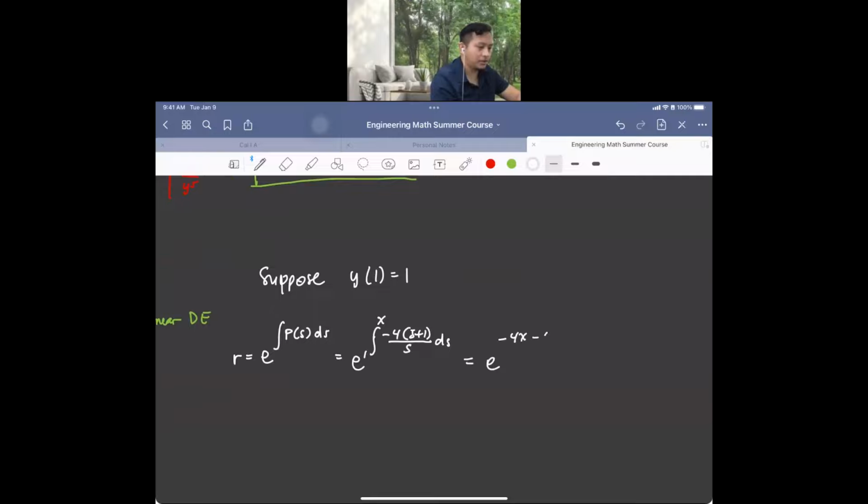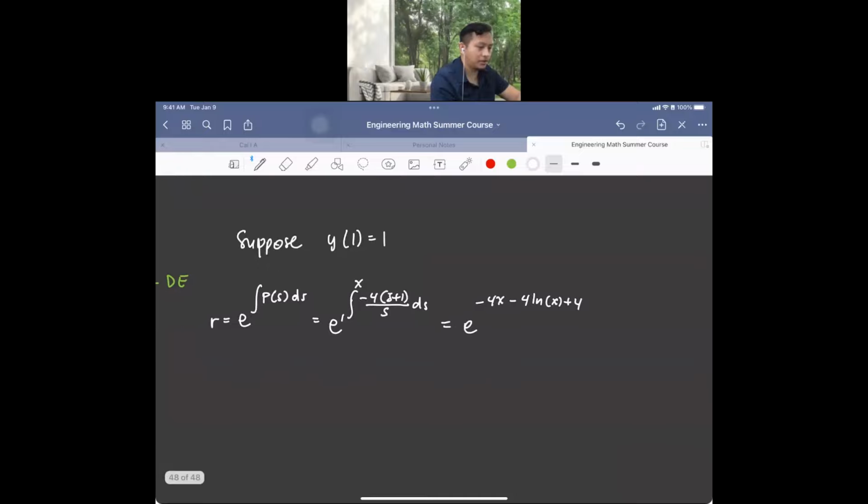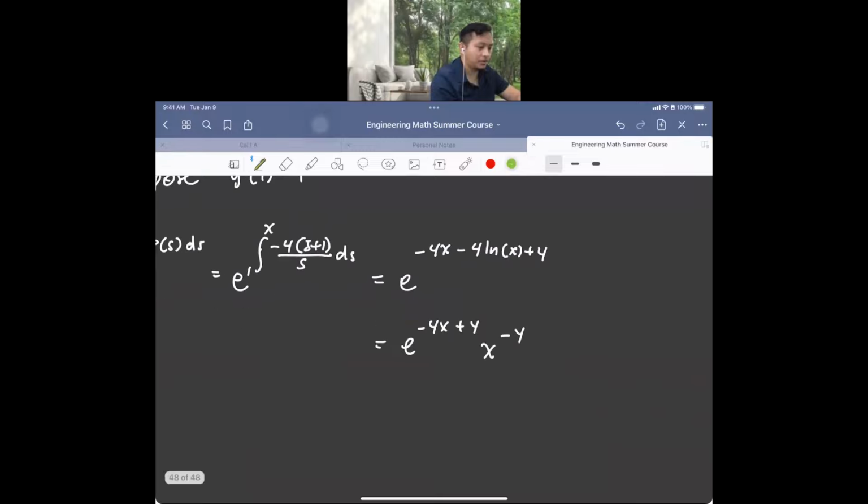So e to the negative 4 ln x plus 4, which is e to the negative 4 ln x plus 4, and x to the negative 4. I'm turning this into x to the minus 4.